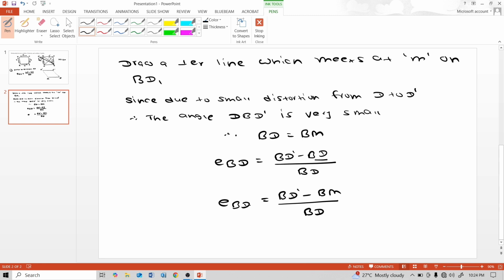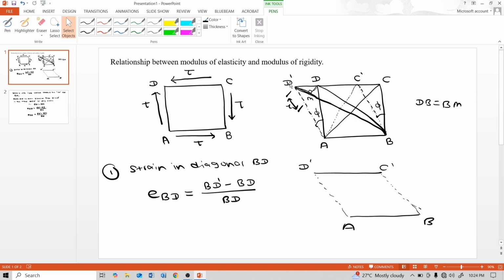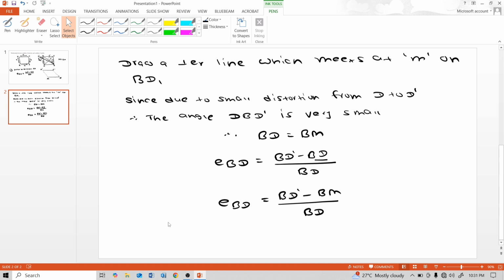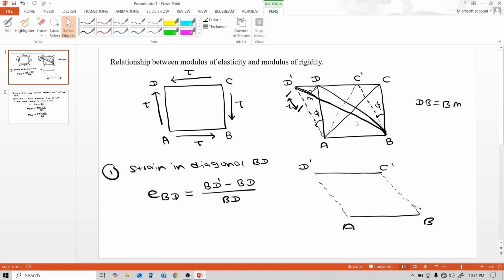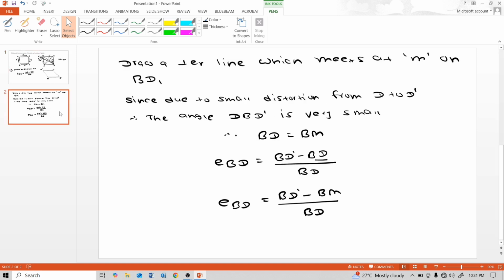This is the strain in the diagonal. Now BD dash minus BM is nothing but D dash M. Call this equation number 1.